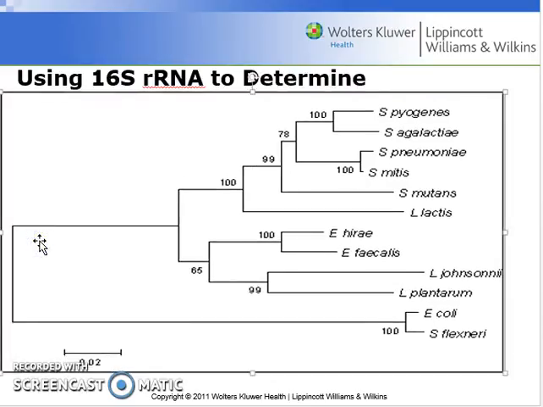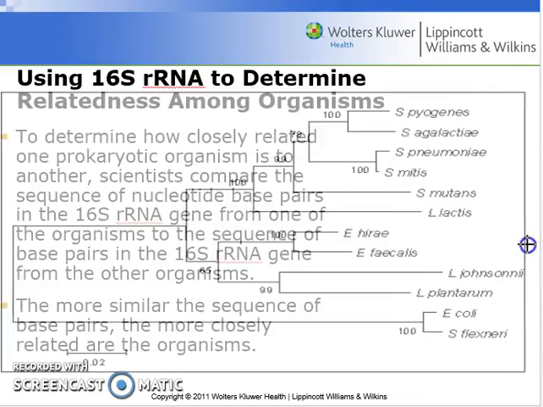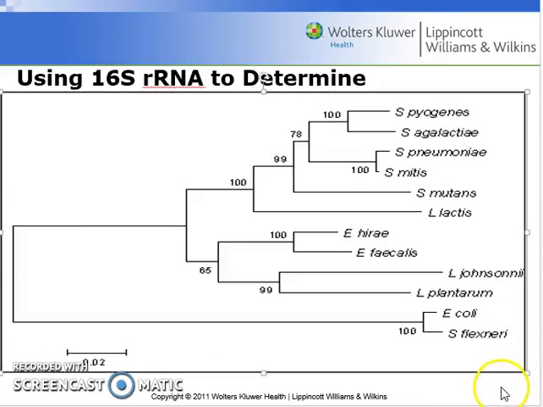So there's not as many mutations as you would see elsewhere. And so when you do see a mutation, that's indicative of evolution taking place. So on this cladogram, what you essentially see is that you have some organisms that are very closely related, more so than others.